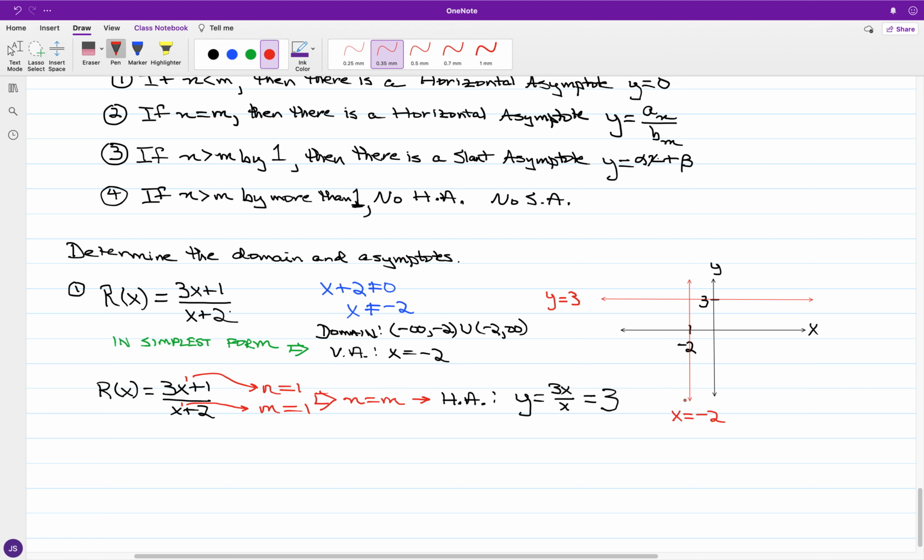Again, there was no cancellation, so there's no hole in the graph of r of x.